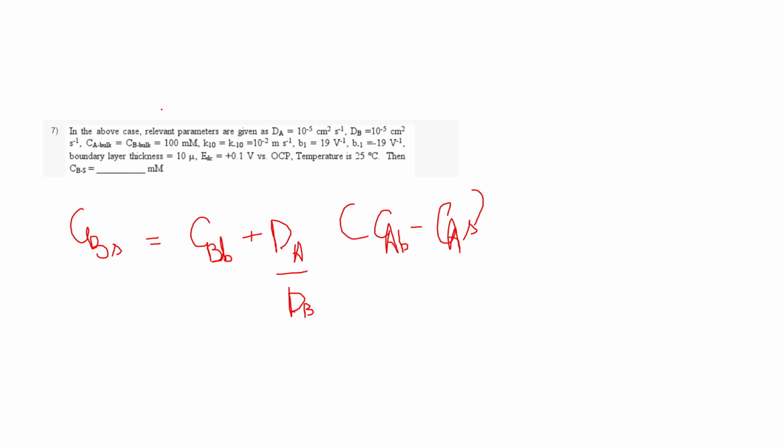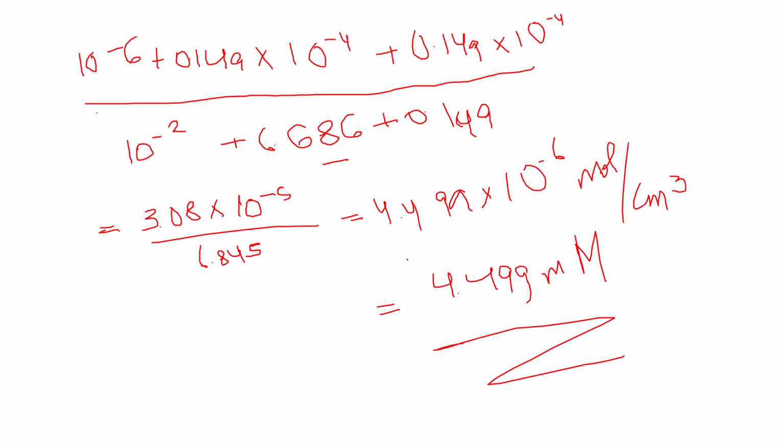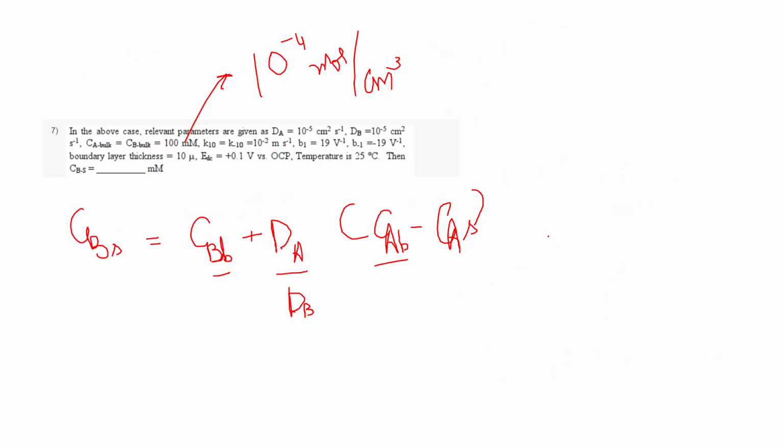So Ca bulk and Cb bulk is 100 millimolar. That is nothing but 10 to the power minus 4 mole per centimeter cube. I'm just converting it into mole per centimeter cube, both Ca bulk and Cb bulk. And this Cas we found as 4.499 millimolar.